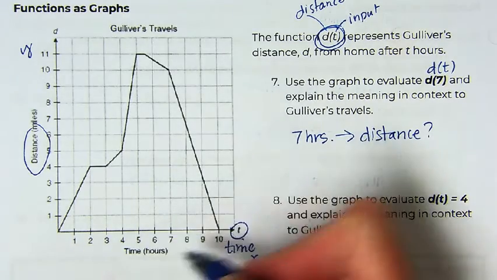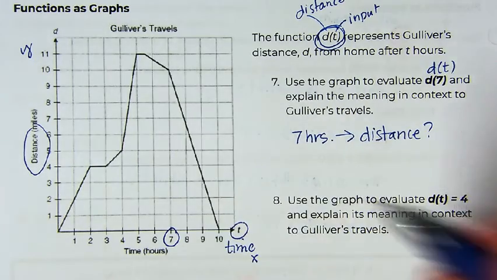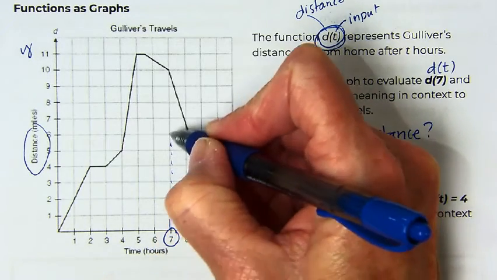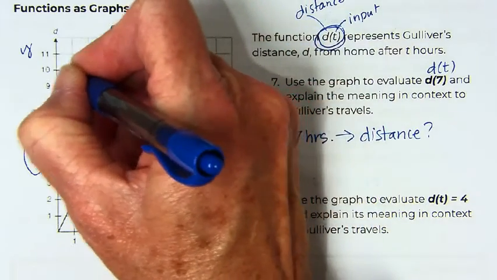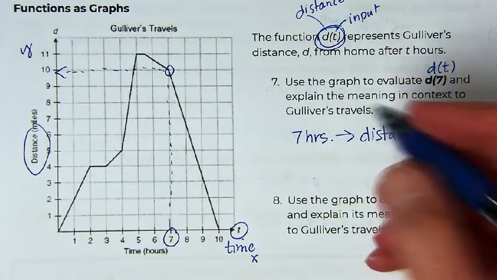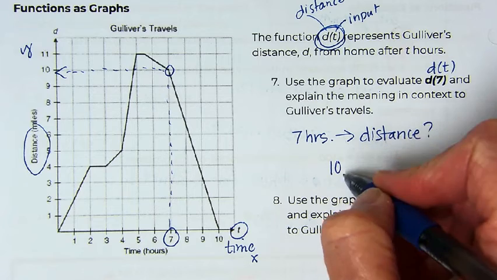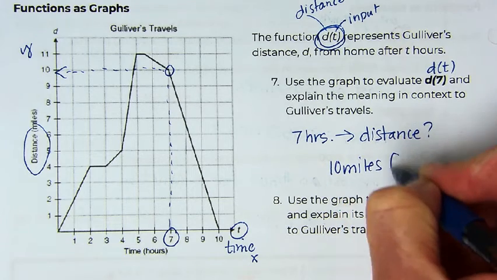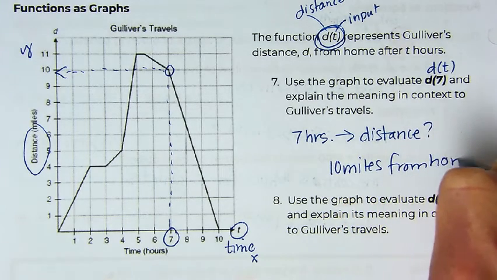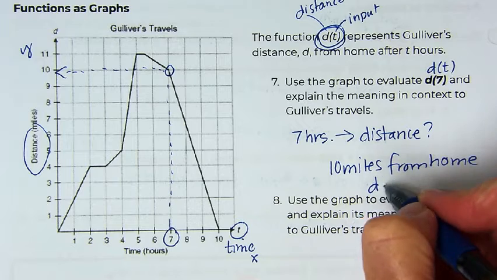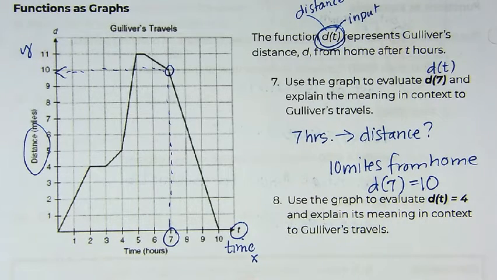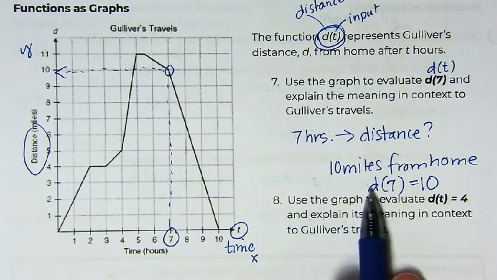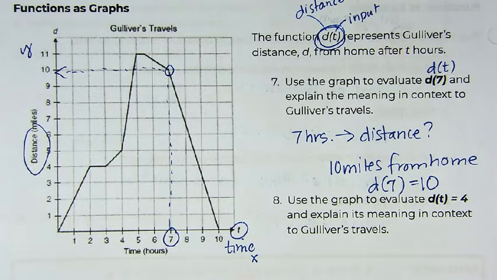Well, looking on the x-axis, the input, it appears that this point on the graph is when Gulliver is 10 miles from home. So in function notation, we would write the distance after 7 hours equals 10 miles. So all those words that I'm writing out are in this nice symbolism there. So much easier to write.